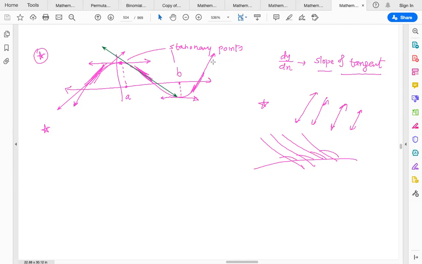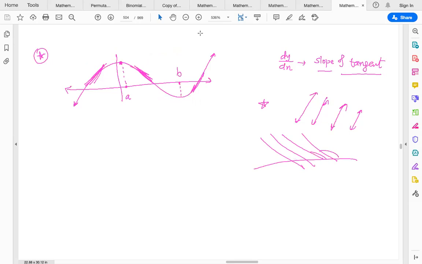So anywhere the tangent has a positive slope, that's where the function is increasing, and where it has a negative slope, that's where it is decreasing. Now, graphically, how do you figure out where the function is increasing or decreasing?